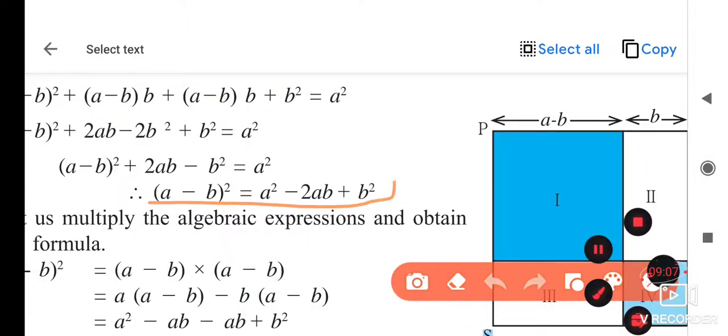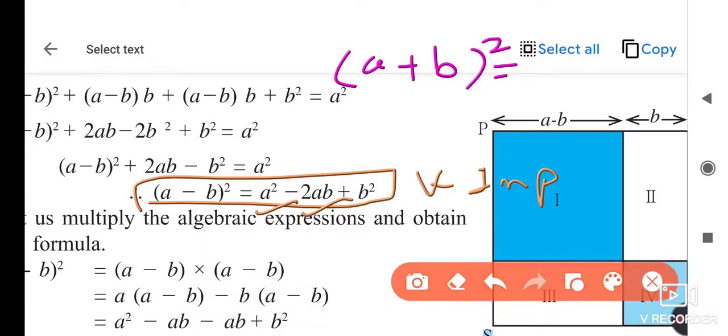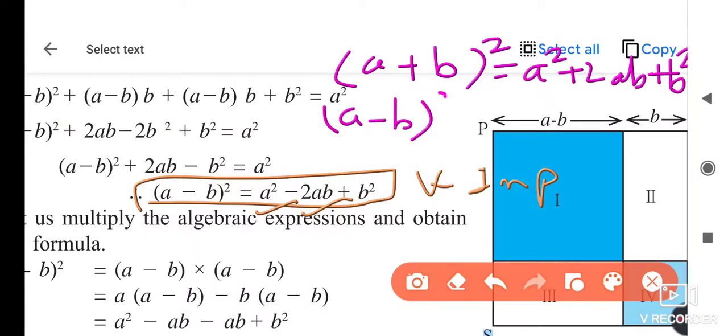You have to keep that in your mind. That is also a very important formula. What is the formula? (a minus b) square is equal to a square minus 2ab plus b square. Now what is the change in the formula that I am going to tell you. (a plus b) square is equal to a square plus 2ab plus b square, and (a minus b) square is equal to a square minus 2ab plus b square.